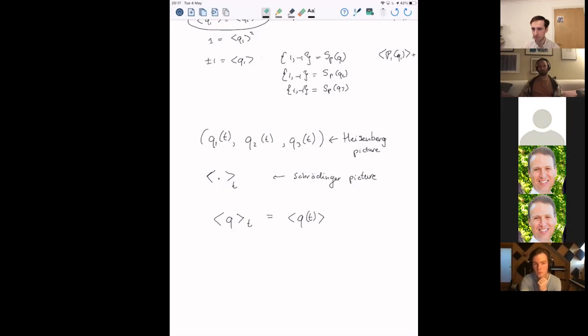There's a field called condensed matter physics, which is about the properties of macroscopic materials like metals, like chairs and tables in some sense, and magnets. And that field only uses quantum theory. It's completely dominated by quantum theory. There's no real classical physics that's used in that field.